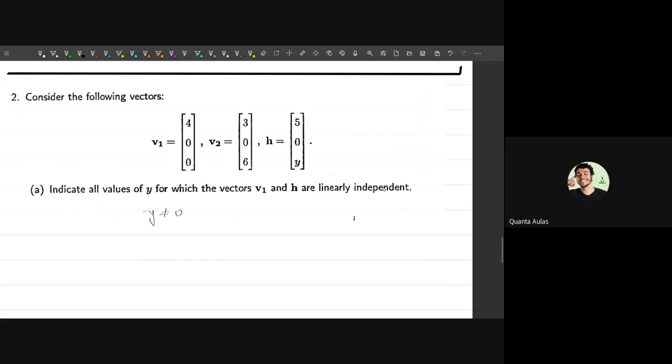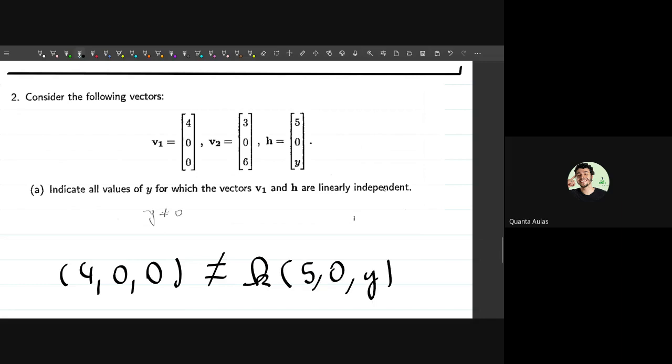For example, we have here the v1, 4, 0, 0. To not be linearly independent, we need a constant k that multiplies 5, 0, and y.